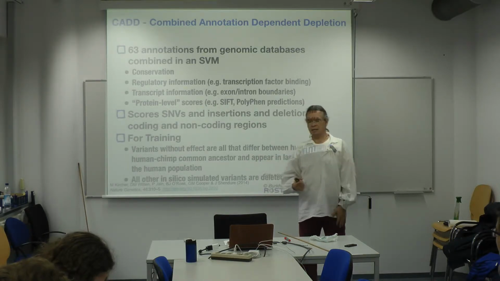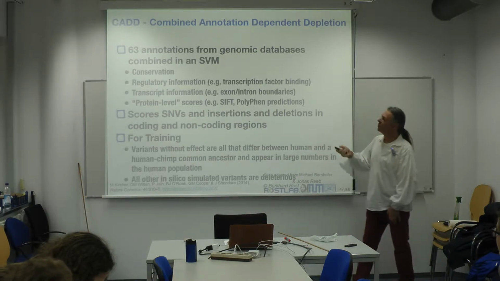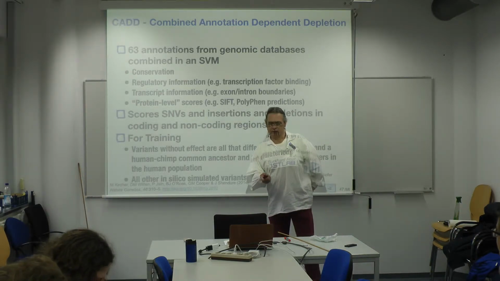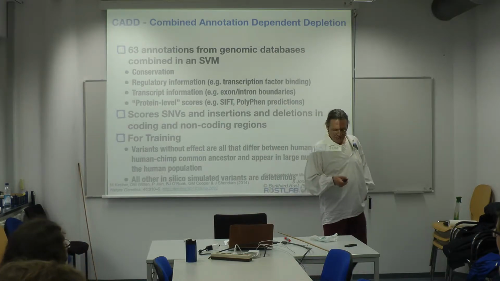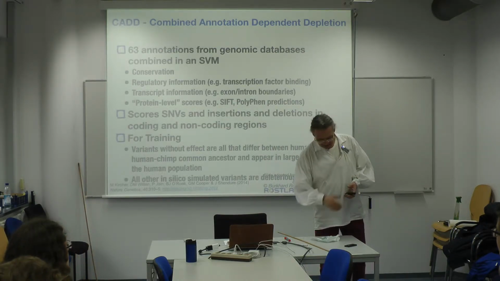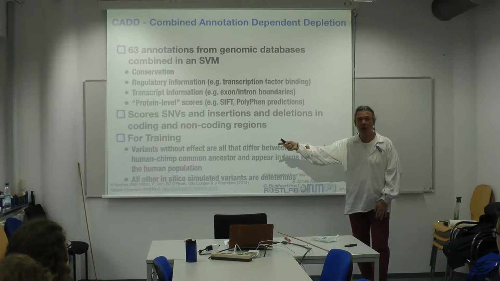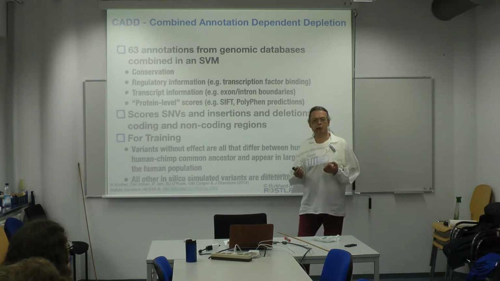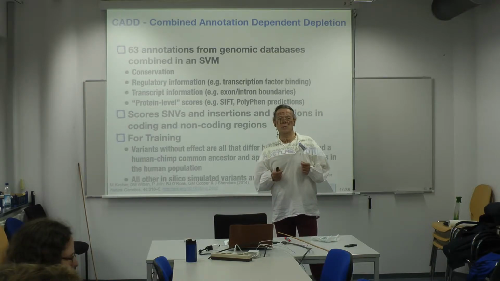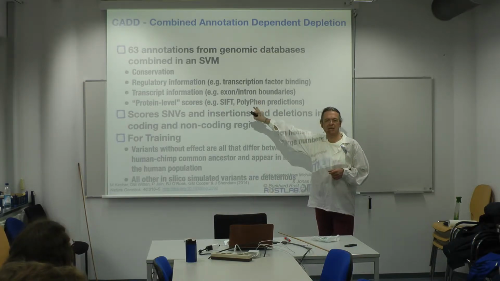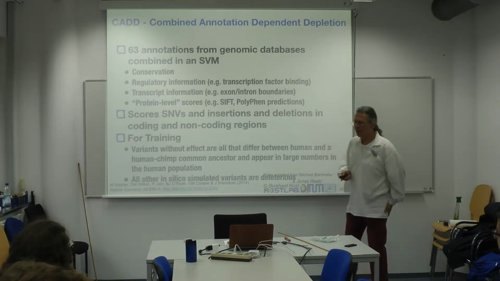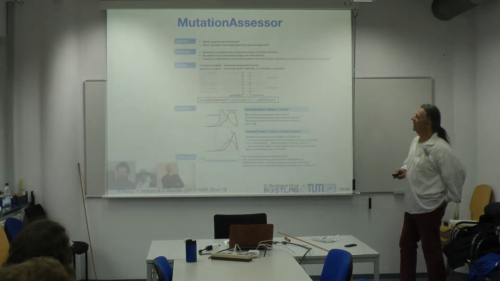These two things are taken apart, and CADD is one of the best existing methods to predict it on the genome level. So CADD is a method that essentially works, unlike whatever I showed you so far. CADD can predict effects on SNPs that do not change amino acid sequence, right? Because the alignments underneath you can do as well for the non-coding part. That's one of the many strengths of CADD.